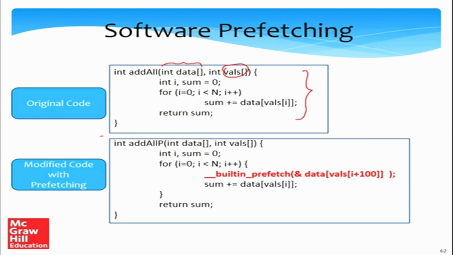For each of the n entries, from 0 till n minus 1, we access the vals array, and each entry of the vals array contains an index. We take that index and access the data array, and whatever number is stored over there, we add it to the sum, and finally we return the sum. This is called the add all function.